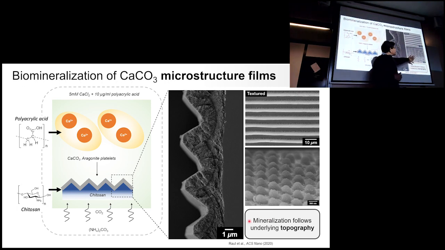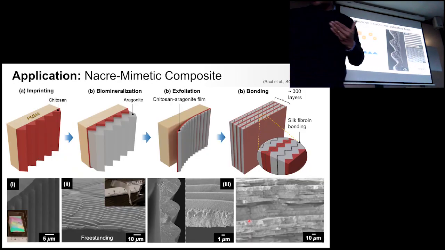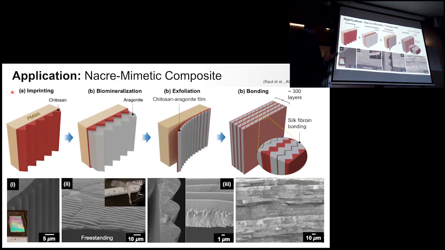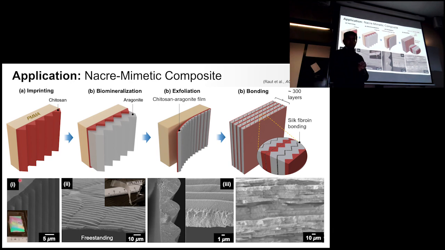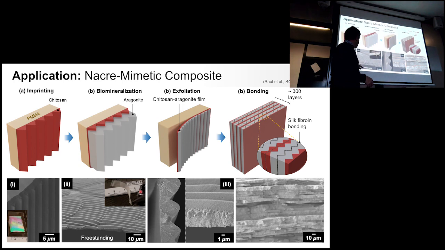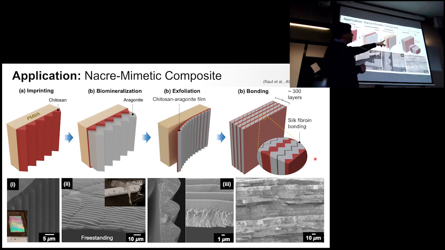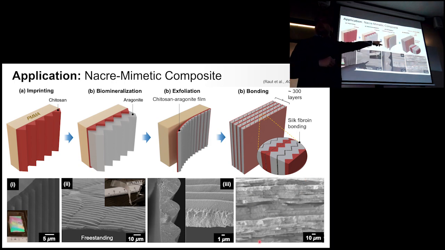These microstructures have different applications, but here we got even more ambitious and utilized them to create a composite. Once we have a film like that, we can peel off these films containing the aragonite tablets on top, stack these tablets, and bond them with another biocompatible, biodegradable molecule, and that's how we form a Nacre mimetic composite.